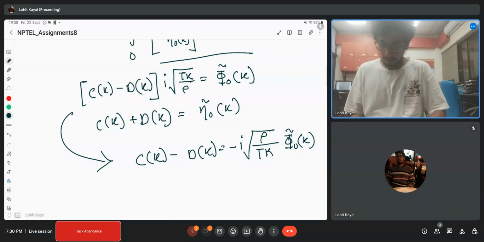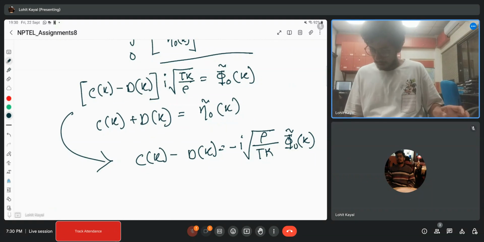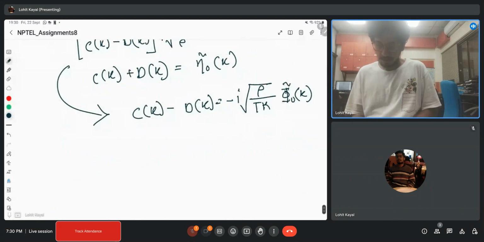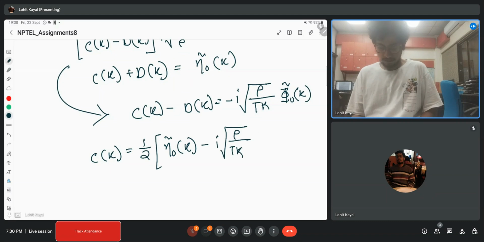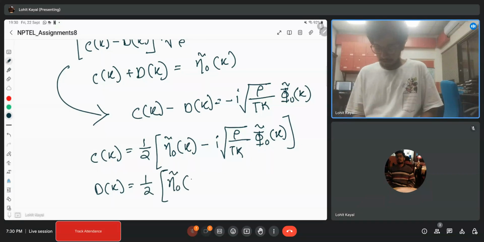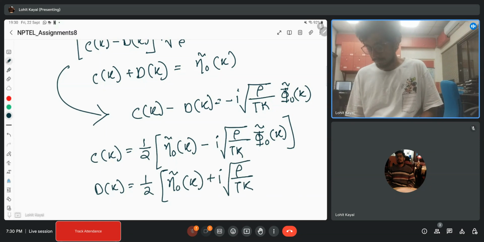And I have ck plus dk equal to this term. So as a result, you will finally get ck equal to half eta 0 tilde k minus i square root of rho by Tk phi 0 tilde k. Okay, and dk will be equal to half eta 0 tilde k plus i square root of rho by Tk phi 0 tilde of k.